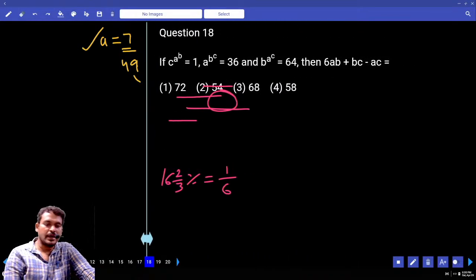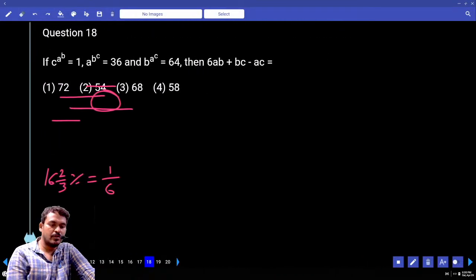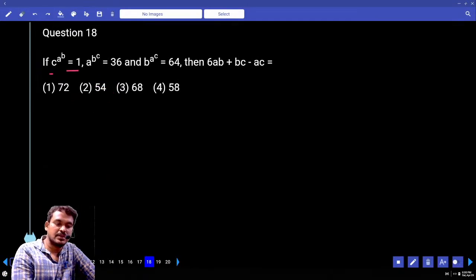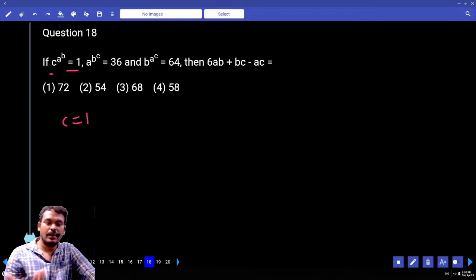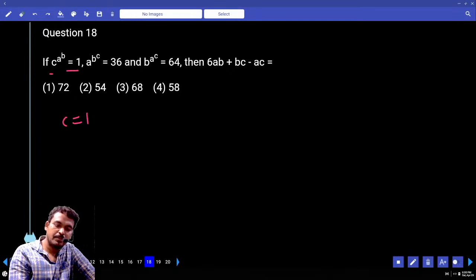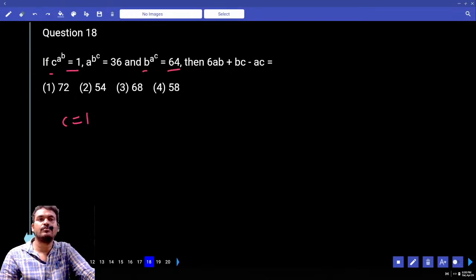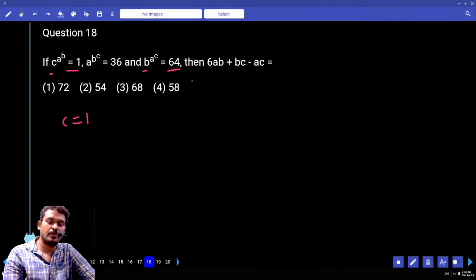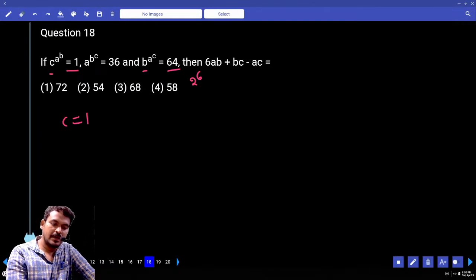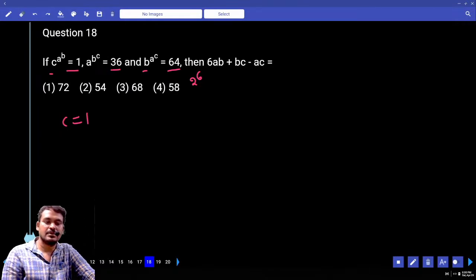Next, question number 18. C power A power B equals 1, which means C must be 1. Next, B power A power C equals 64, which is 2 power 6. A power B power C equals 36, which is 6 squared.